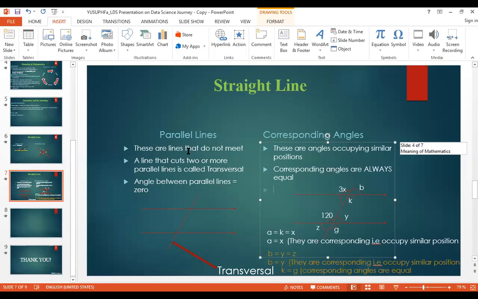Now, this is 3x. Back from here, this is a straight line. You can see, just follow my cursor. As I'm moving it, just keep following, okay?